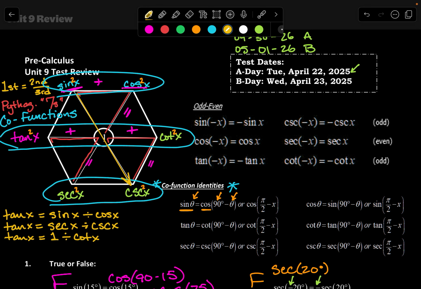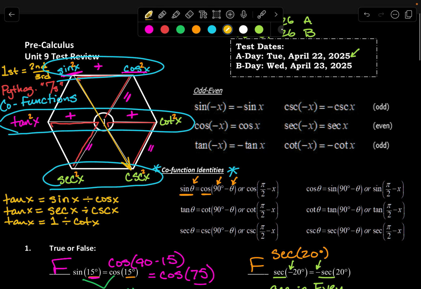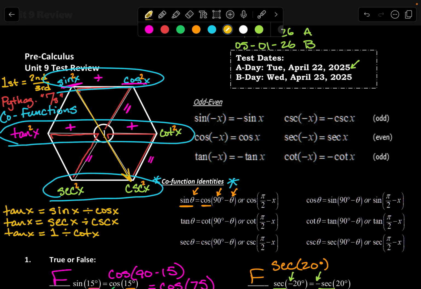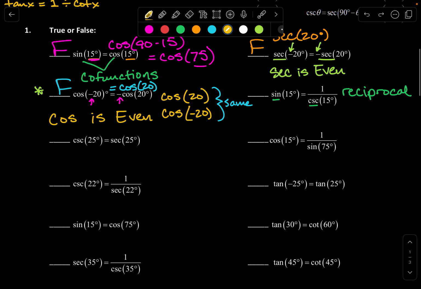And the reciprocal of sine is cosecant. And if you look, sine equals 1 over cosecant. So if I have the sine of a number, it equals 1 over the cosecant of that same number. So this is true.